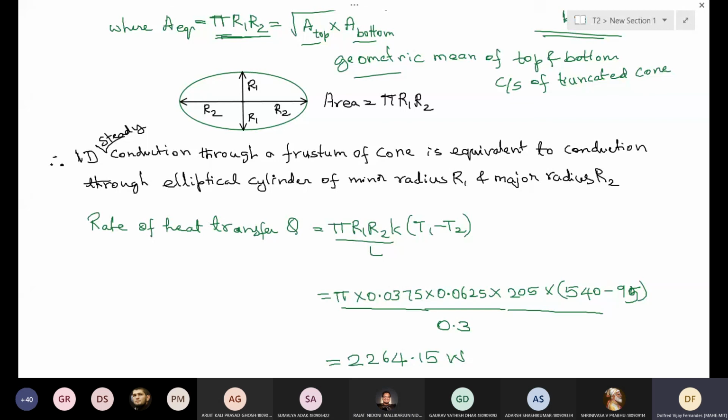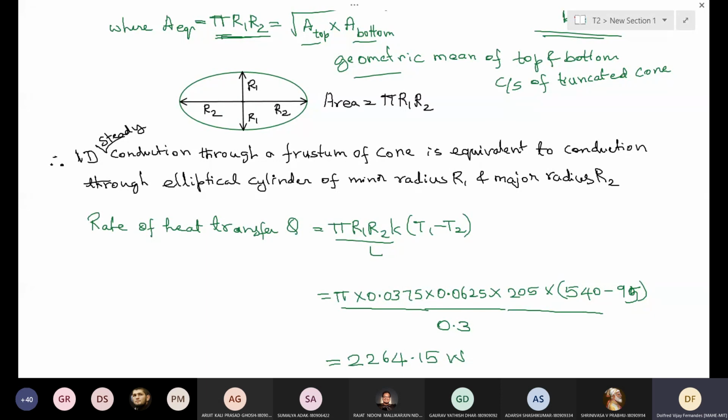I think we did. After the first calculation, the rate of heat transfer through the third wall comes as 8.08 kilowatts. Yes, 8.08 it will come, and using that formula it will come around 8.07 kilowatts.